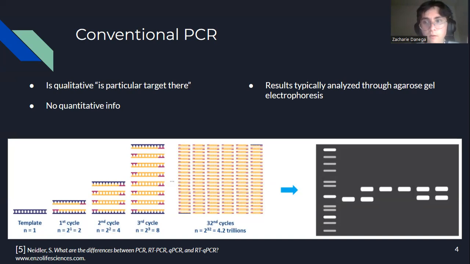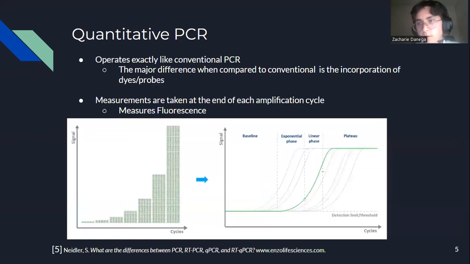Now, quantitative PCR is where it sort of fixes that issue. It operates on the same principles as conventional PCR. The only major difference is that it incorporates dyes and/or probes. So what does that mean? It means that the amount of DNA and the fluorescence generated during this whole setup should be directly proportional.